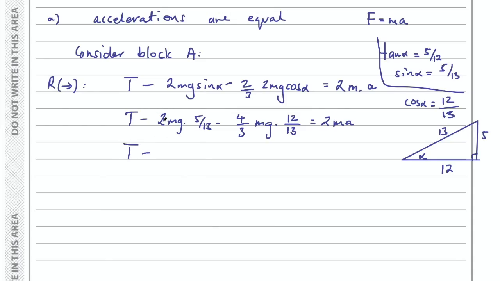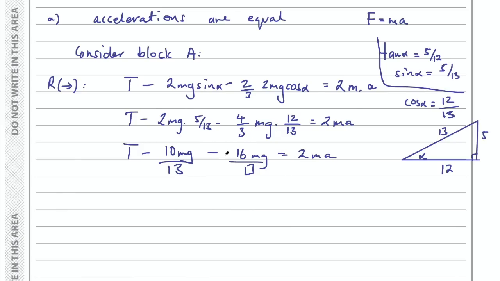This would be 2 times 5 is 10 mg/13. Simplifying this, I would actually cancel. So 12 divided by 3 is 4. And then I have 4 times 4, which is 16 mg/13, because that 3 cancelled out. This is equal to 2ma.